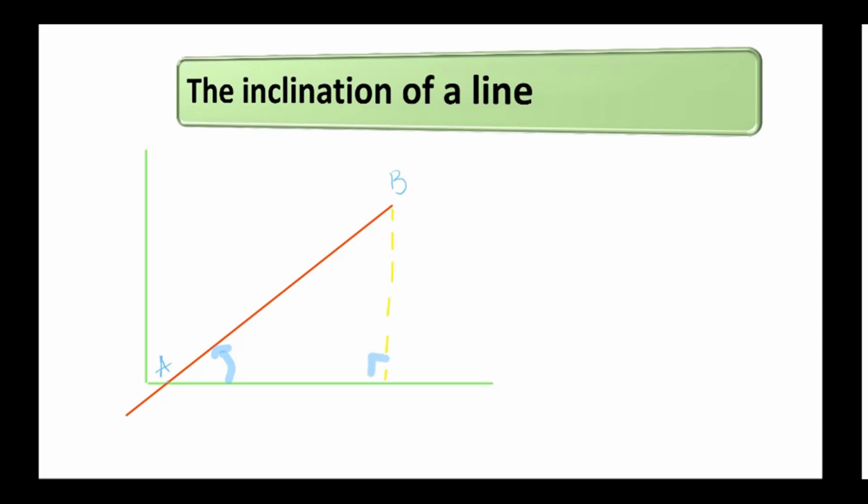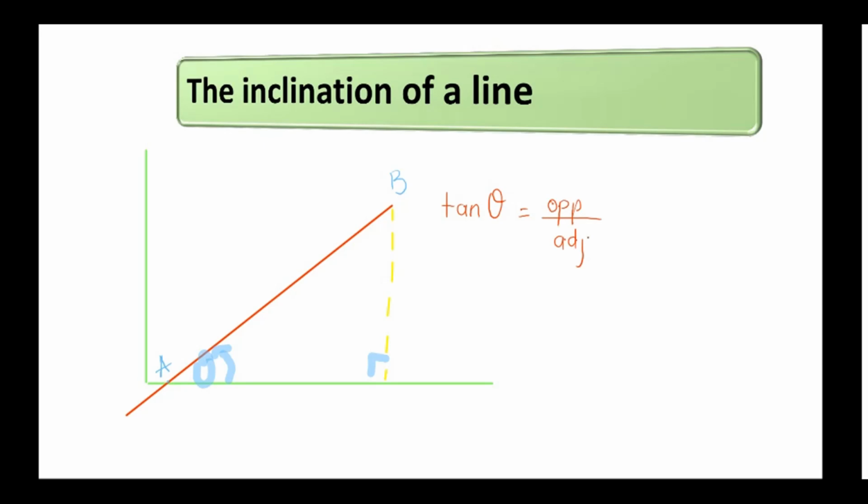If you had to find the tan of this angle, what would you do? What do we know, right? We know that the tan of theta is equal to your opposite side over your adjacent side.